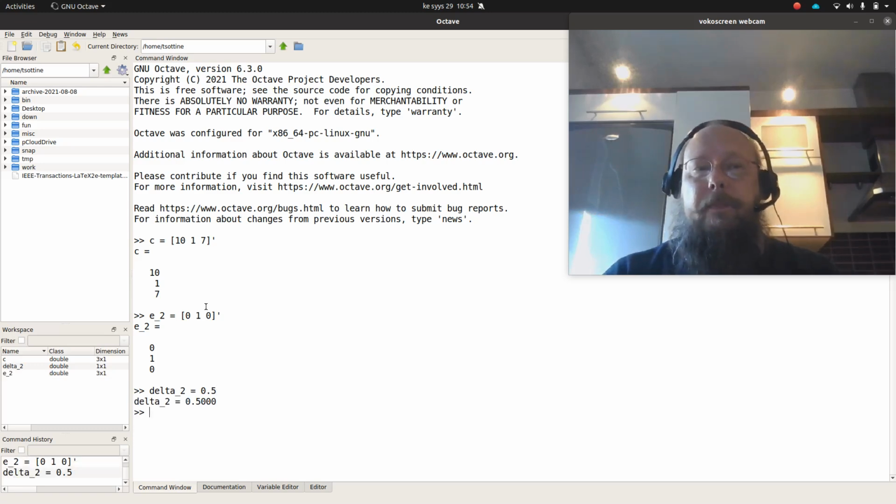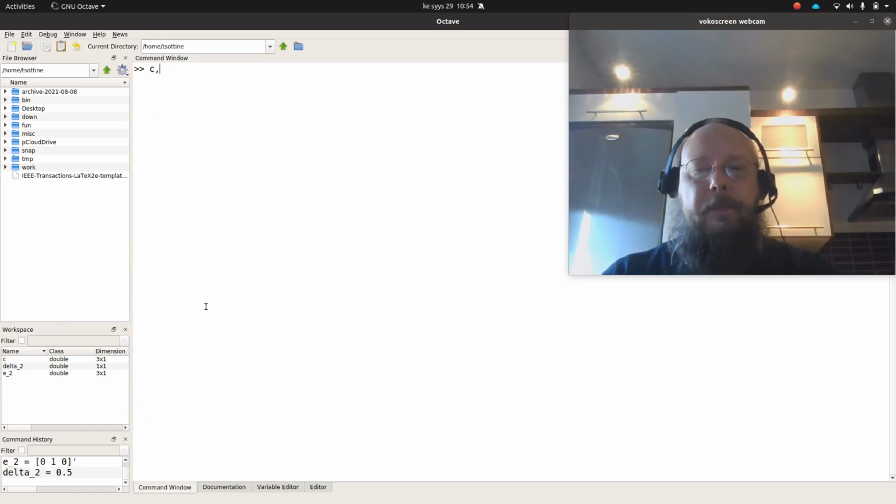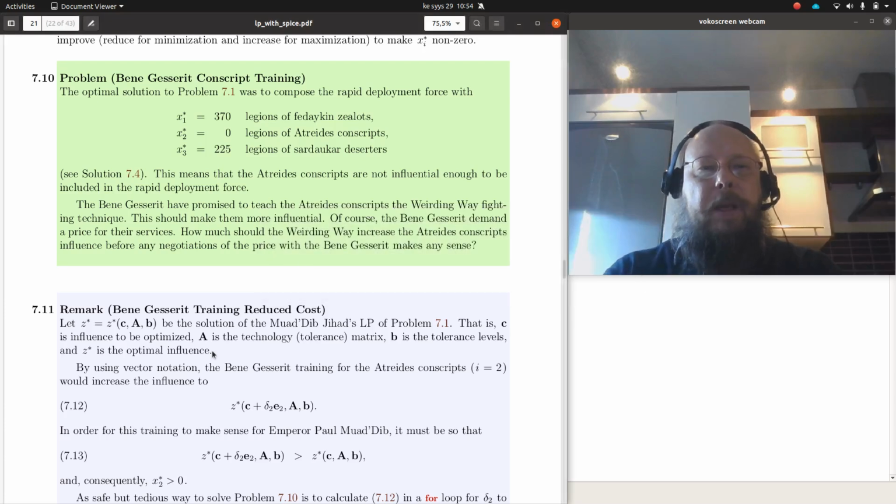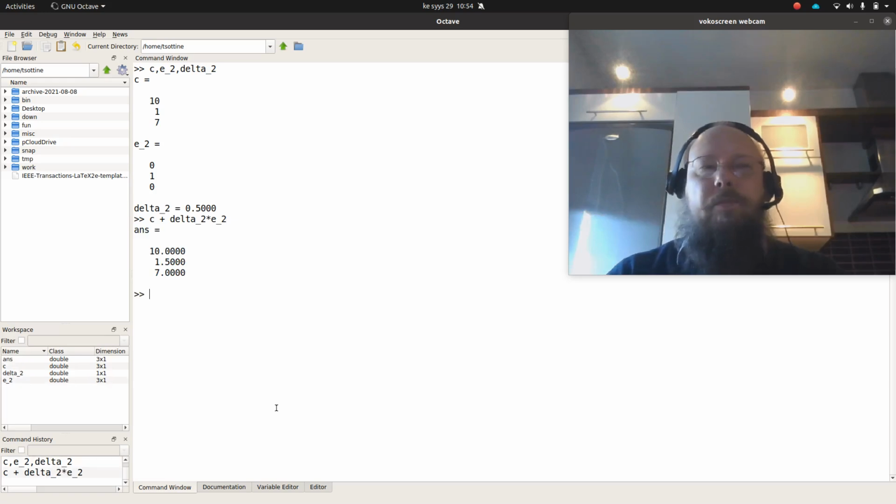Okay, so it's like this. So now we have C, E2 and delta 2 like this. So what is then C plus delta 2 times E2? So this here is what we have here. So you see, the first component here is untouched because we add something times 0 to it.